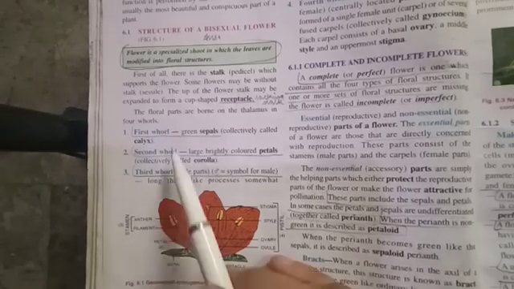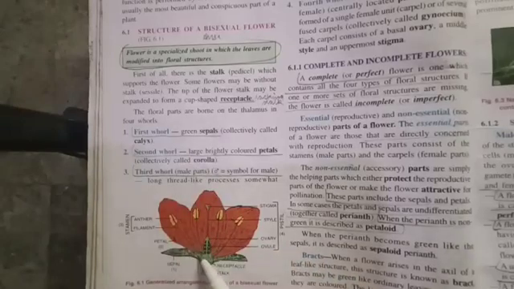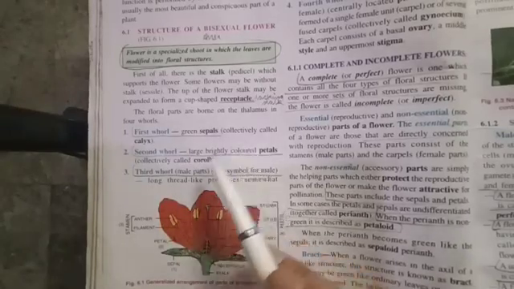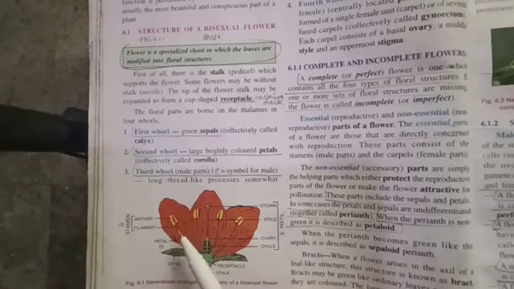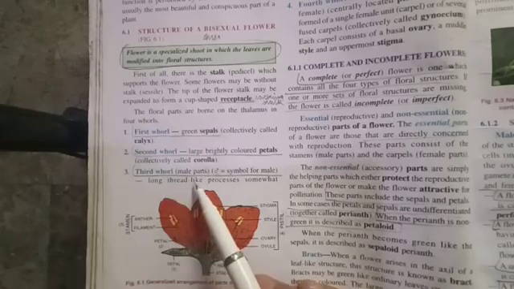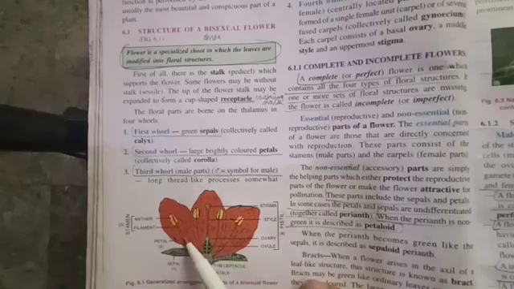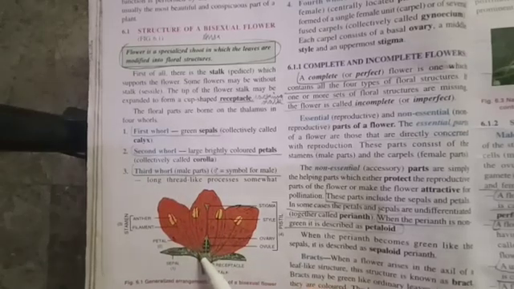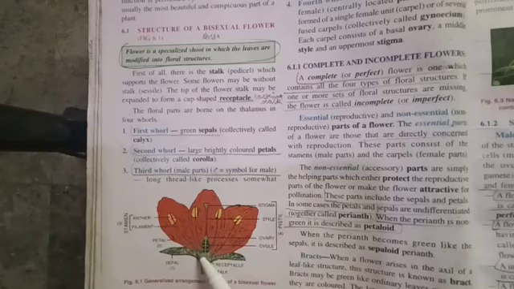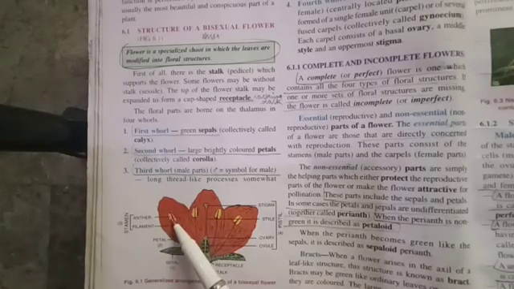Clear? The first row is the green sepals, the leafy structures you can see here, collectively called the calyx. The second is the brightly colored petals, known as the corolla. The third row is the male parts of the flower. That is the symbol of the male. Long thread-like structures project out, each usually ending with a bilobed tip.